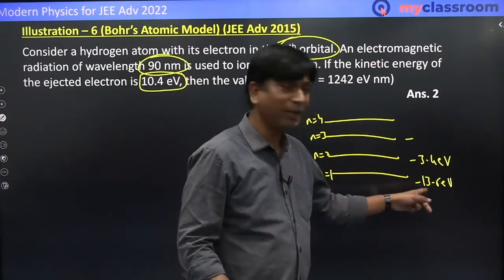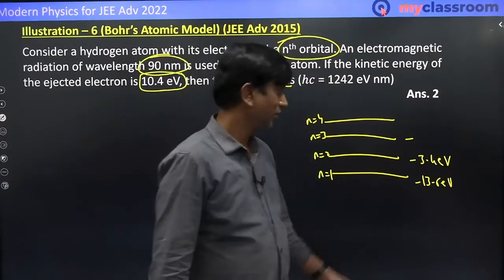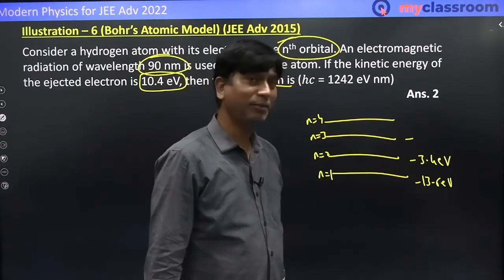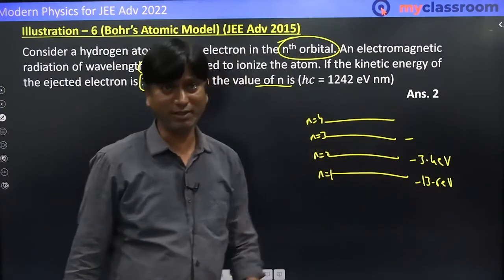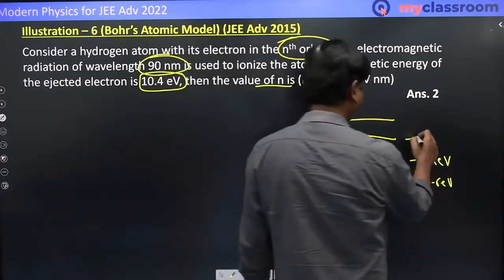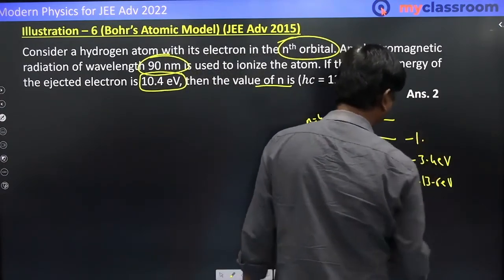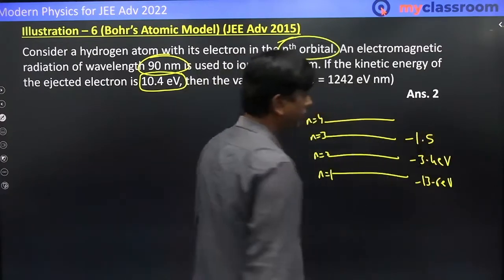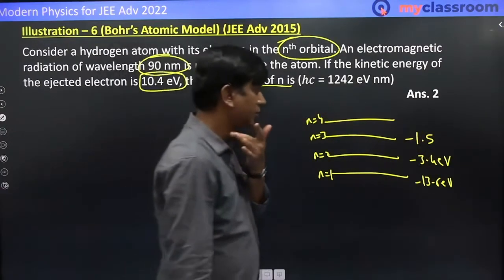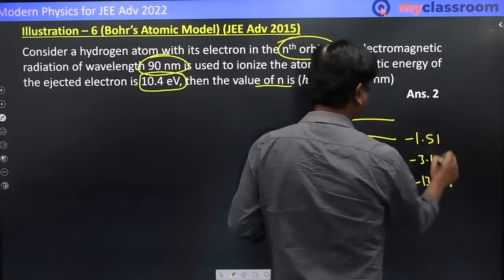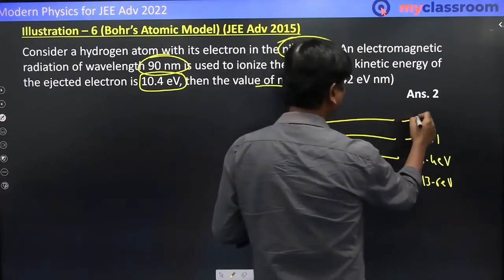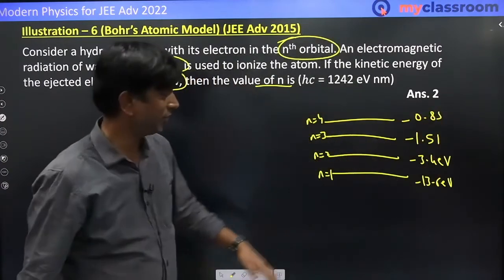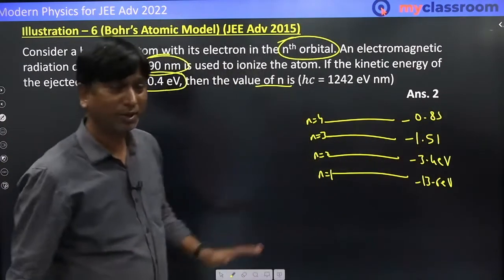Minus 13.6 by 2 square, n square, so minus 13.6 by 4 is about minus 3.4. Similarly, minus 13.6 by 3 square, 9, gives roughly minus 1.5. For n equal to 4 it is around minus 0.85 or something like that. No problem, roughly you mainly need the first and second states properly, right?